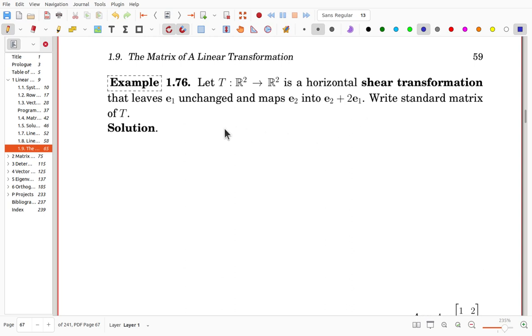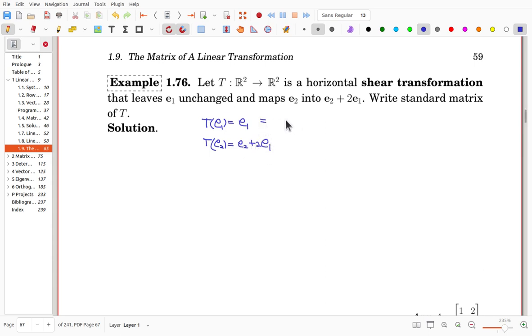Find the standard matrix of T. It is saying that T E1 is unchanged, E1, and T E2 is E2 plus twice E1.